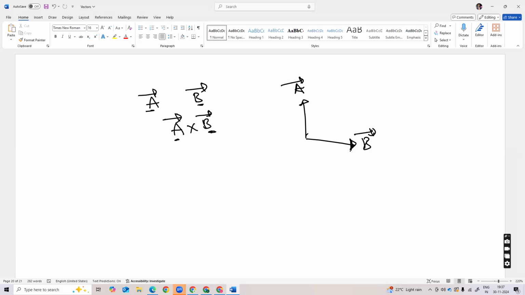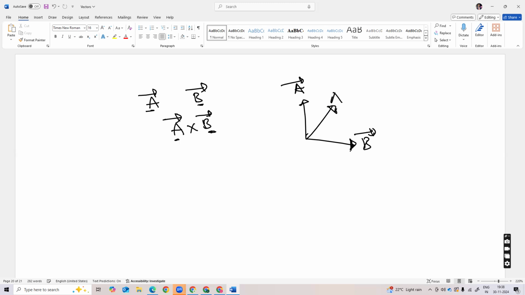Take your right hand and point all four fingers towards the direction of A, and then start rotating them towards B. Then the direction of your thumb will show the direction of A cross B. So in this case the direction of A cross B will be like this, because if you take your right hand fingers and start turning them towards B, your thumb will point in this direction.